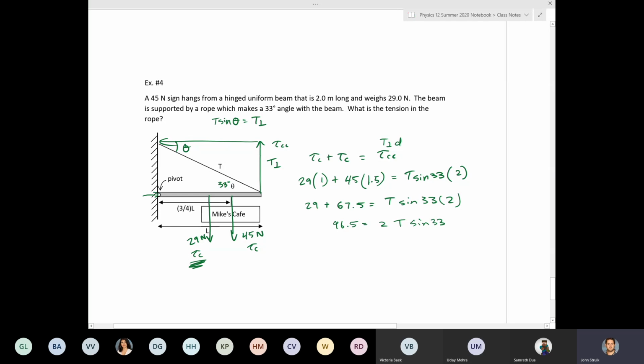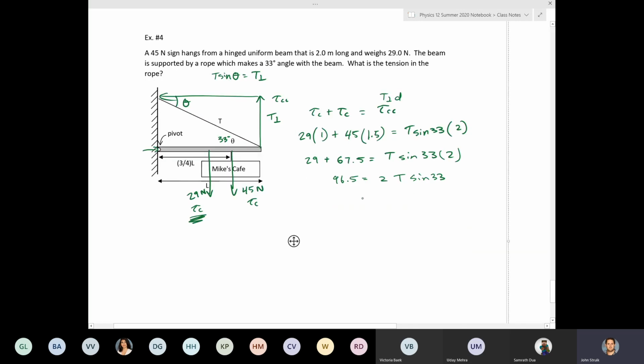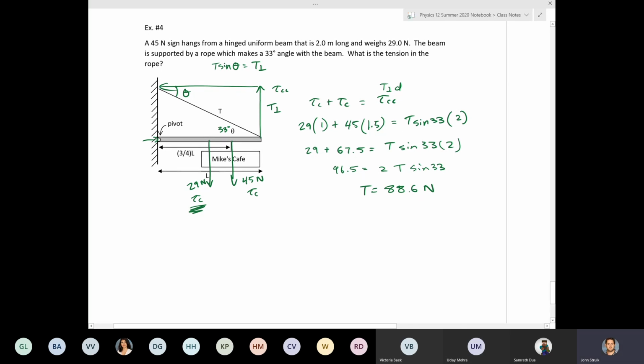And then I can take the 96.5, divide it by 2, and then divide it by sine 33. And that gives me a tension of 88.6 newtons. Okay, and that's the tension in the rope. The next, any questions about that?